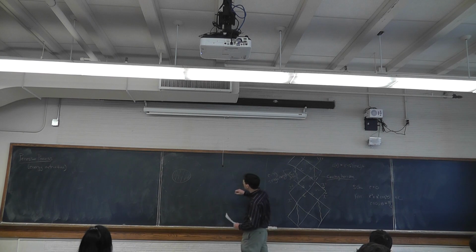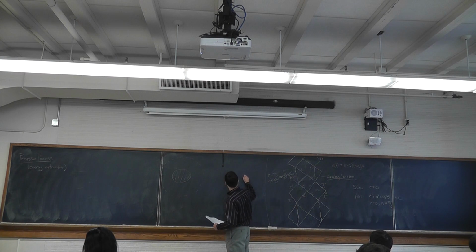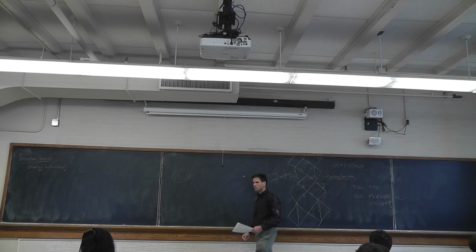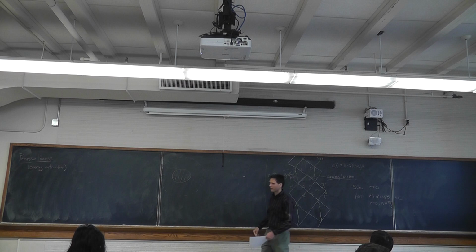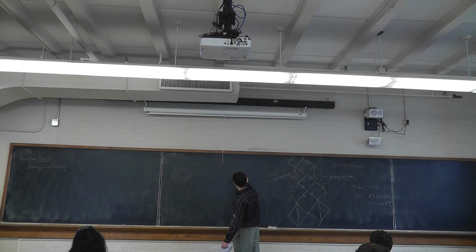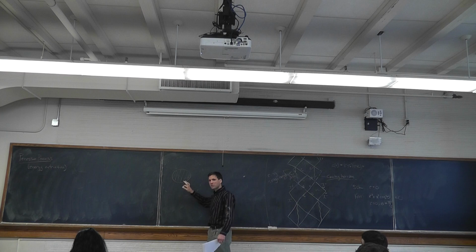And here's somebody far away from the black hole who would like to, I don't know, get a lot of energy out. They want to build a power plant. Okay, so what can they do? They can't immediately extract energy from the black hole, so the strategy is going to be to throw negative energy stuff into the black hole.